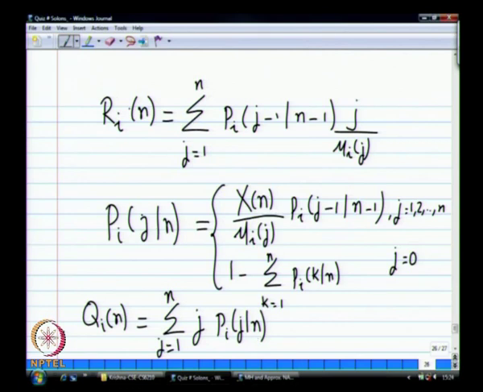Pij tells me the probability that j customers out of the n reside in Qi, and that multiplied by j will give me the overall Qi. So now we have expressions for R and for Q based on this definition of P. Again we have this recursive step where you enumerate for the different values of j as you go along.